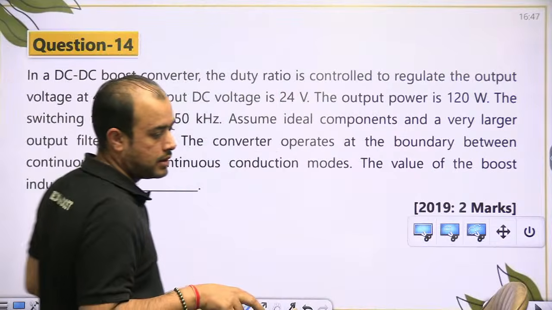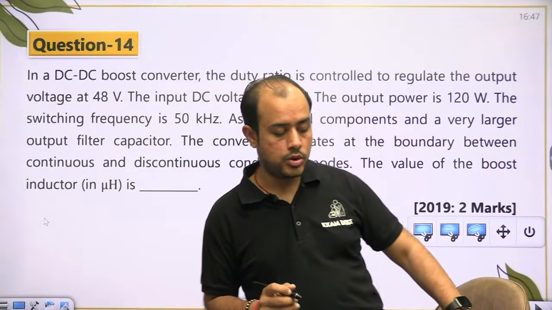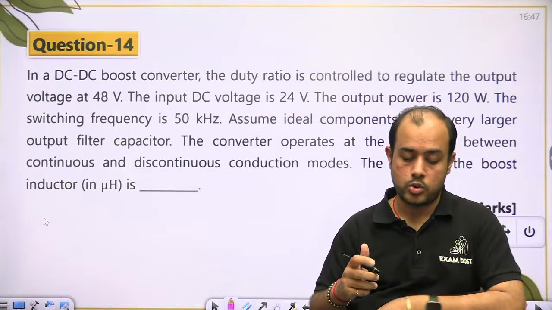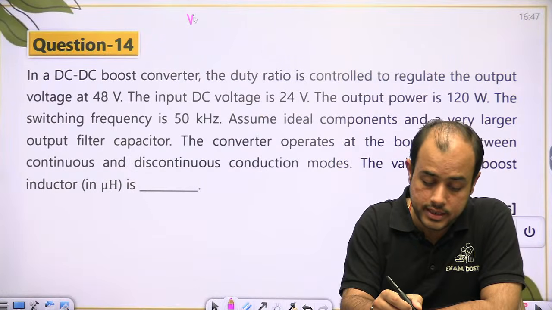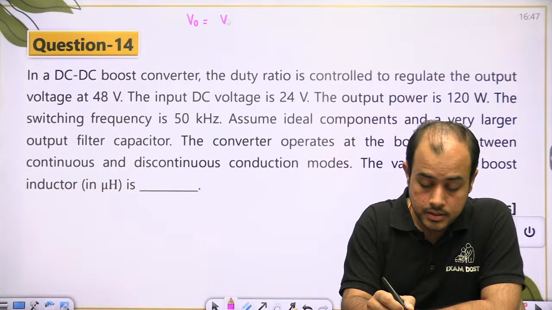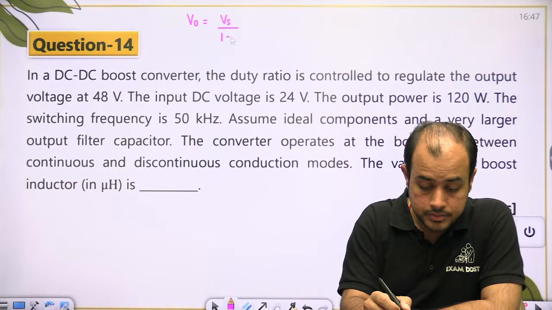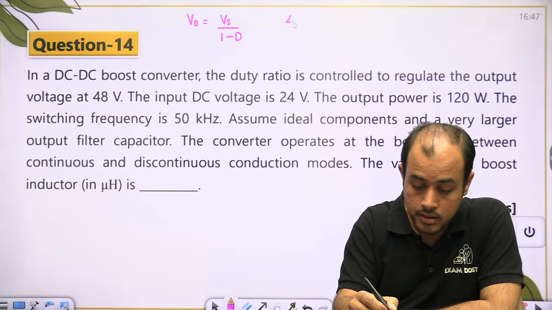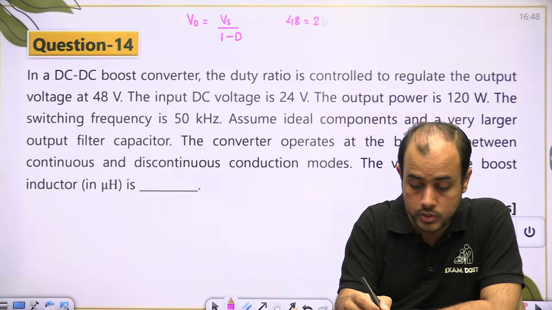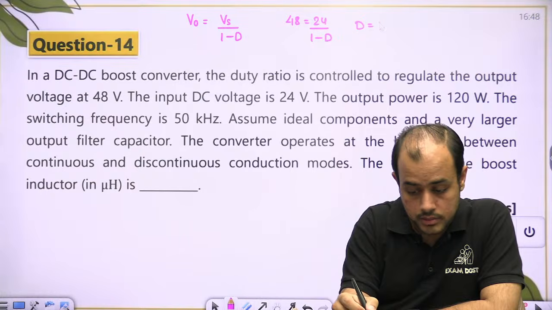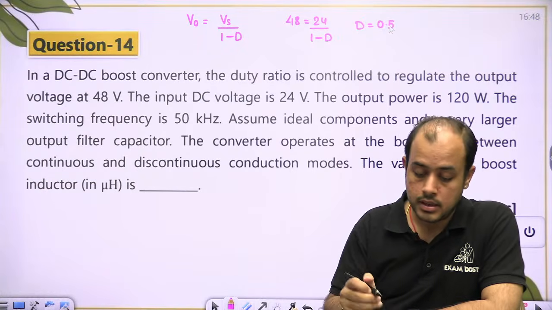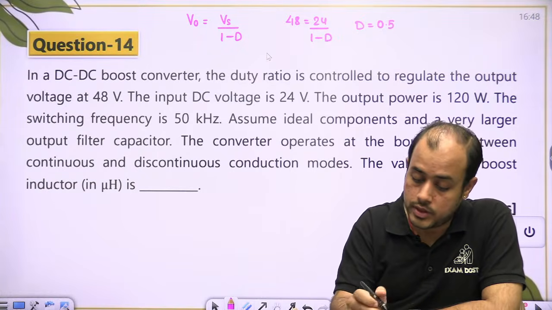Boost converter duty ratio is controlled to regulate V naught at 48, while input is 24. Output power is 120.